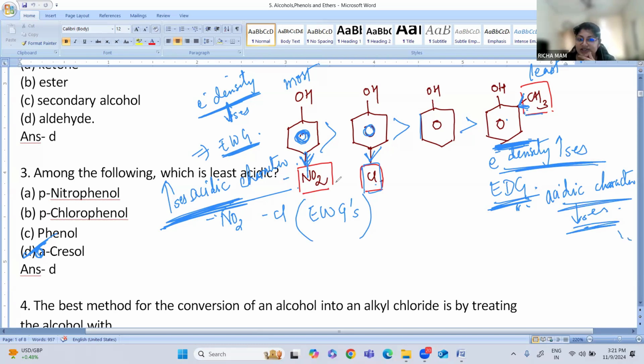Among nitro and chlorine, nitro is the more powerful electron withdrawing group, so it is the most acidic because of the presence of the nitro group. The methyl group, being an electron donating group, makes it the least acidic in nature. So option D is the answer.